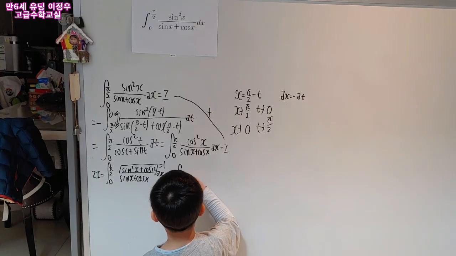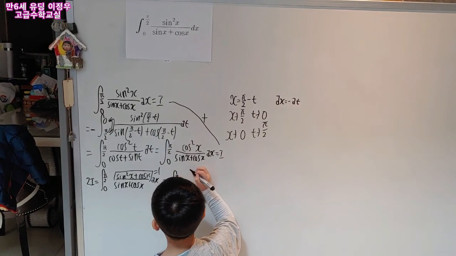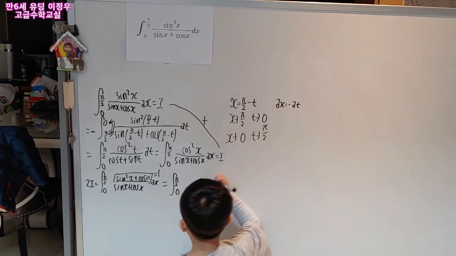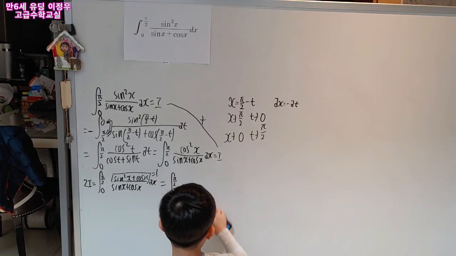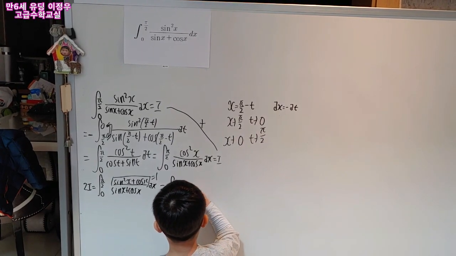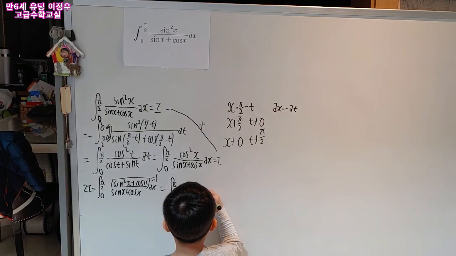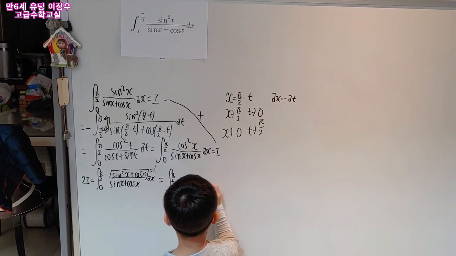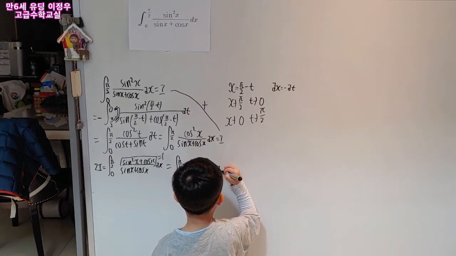So this is the integral from 0 to pi over 2 of 1 over sine x plus cosine x dx.